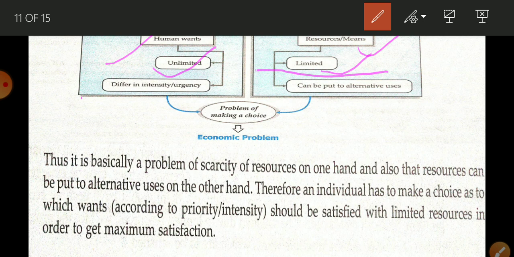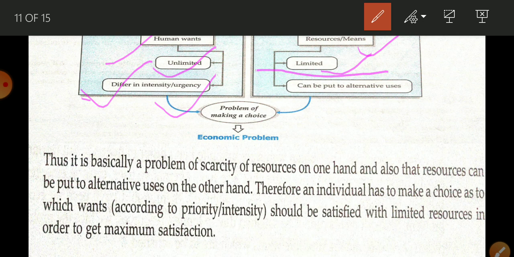Now next, human wants differ in urgency or intensity. It means that human wants are not equally important. Suppose you want to do many things, you want to go outside, you want to purchase many things. But suppose you have 100 rupees only. So what is the priority at this time?